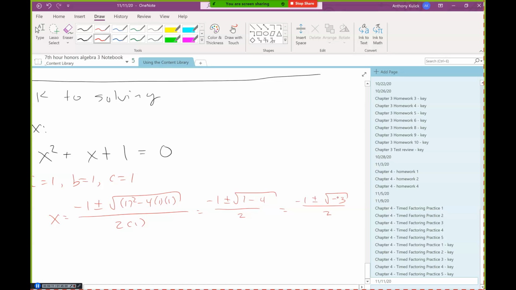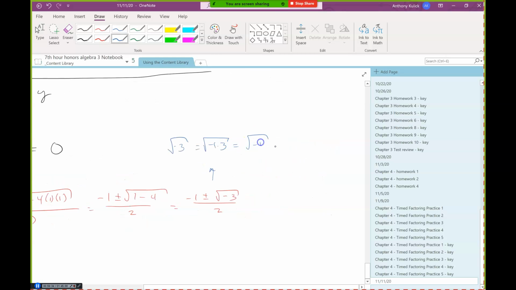And now we've run into these situations where we have a negative under our square root, right? This was a situation that we were stuck at before, but we can deal with this now. So the square root of negative 3 is the same thing as the square root of negative 1 times 3, right?